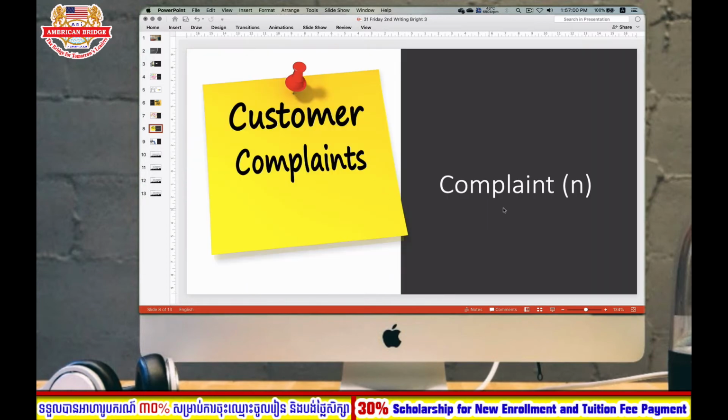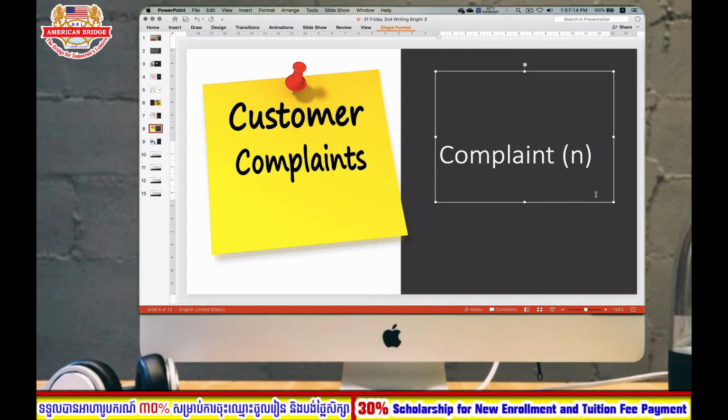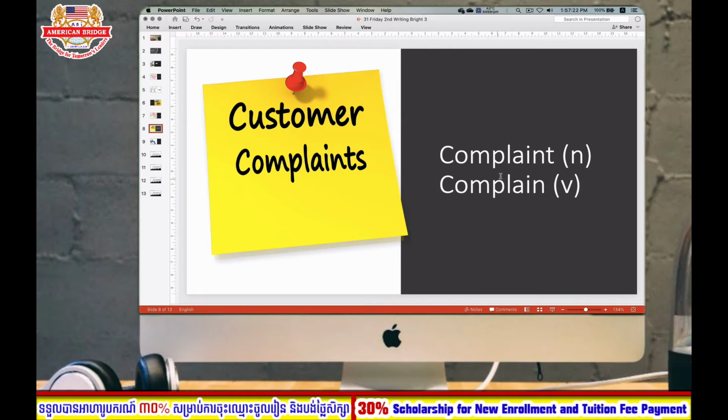So again, a complaint refers to the words or the recommendations that people express when they don't like our service or our products. So here, complaint functions as a noun, and here it functions as a verb. So this is the word complaints.